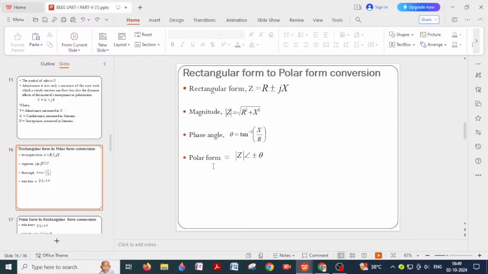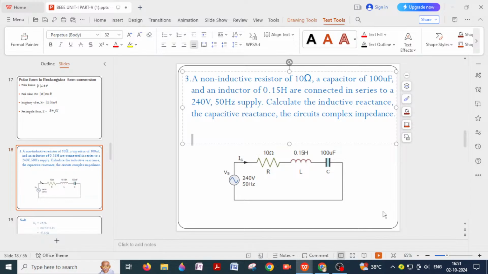Calculate the inductive reactance, capacitive reactance and the circuit complex impedance.